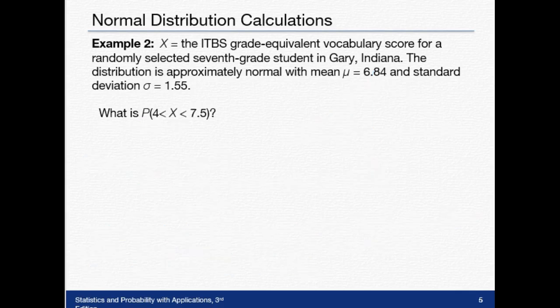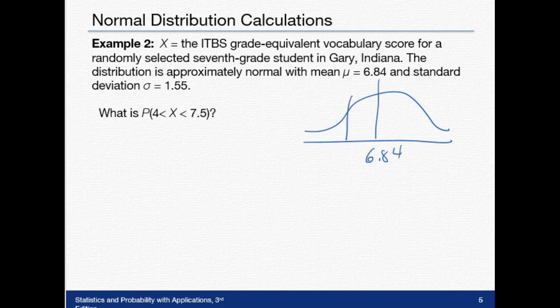Then, number 2. Same problem, but this time it says, what's the probability that a score is between a 4 and a 7.5? So I draw my curve. Here's 6.84. Here's 4. And here's 7.5. And I'm looking for between, so I'm going to shade the area between the 2.